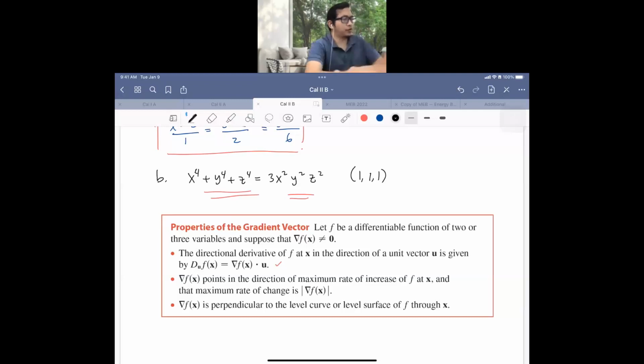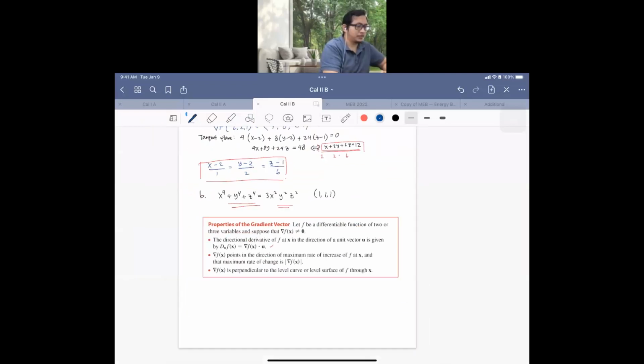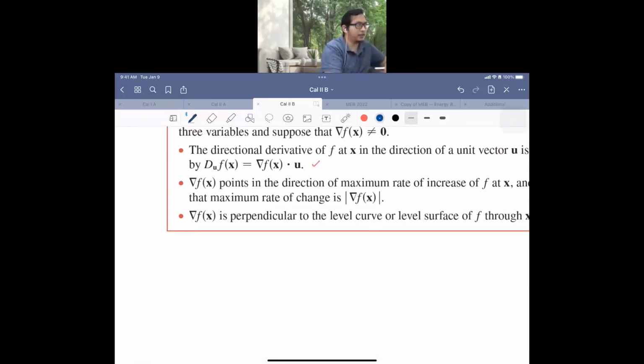Or perhaps one additional note. Okay, we discussed this in 3 variables, right? But what if we look back, what if it is a function of 2 variables? So let's say equal function of these two variables x, y.